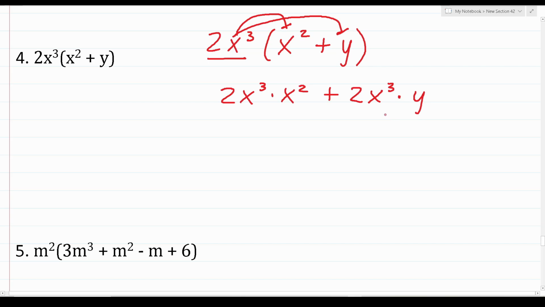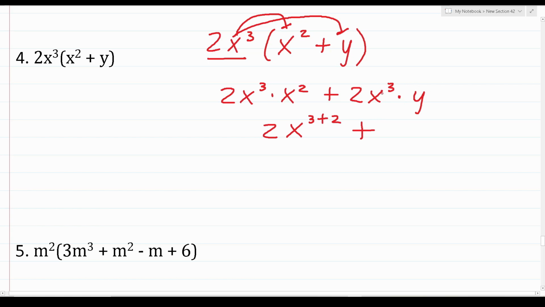Let's clean this up a little bit. Again, first you look at your coefficients. This would be the same as 2 times 1. 2 times 1 is just 2, so this becomes 2x. According to the product rule, we can go ahead and add these exponents, so this is going to become 3 plus 2, and then this is plus.